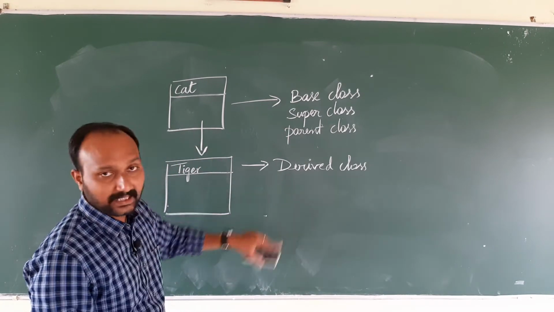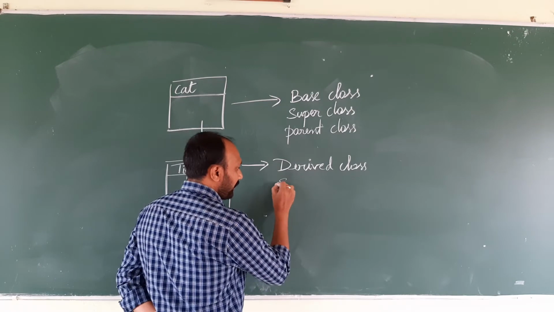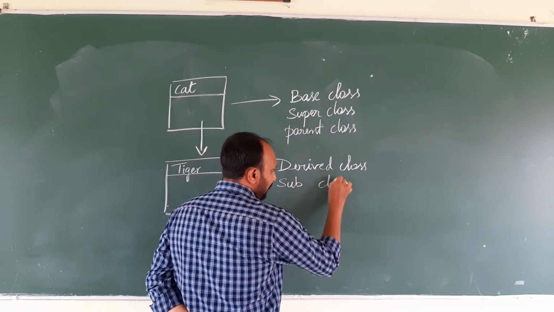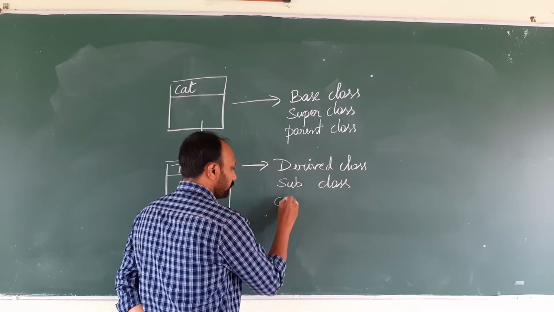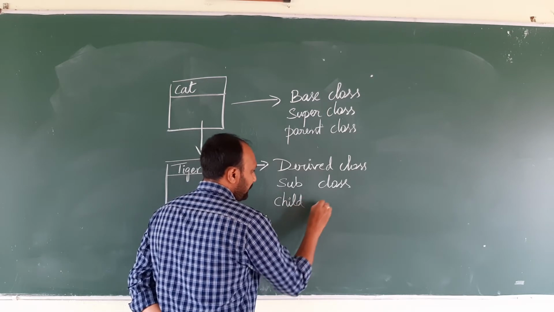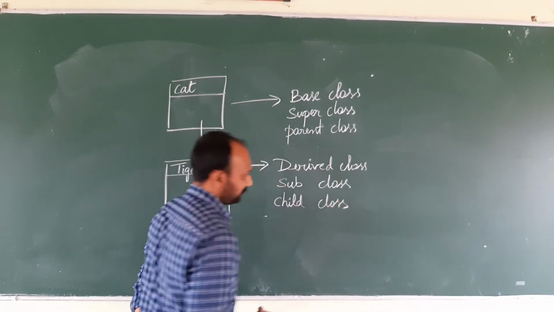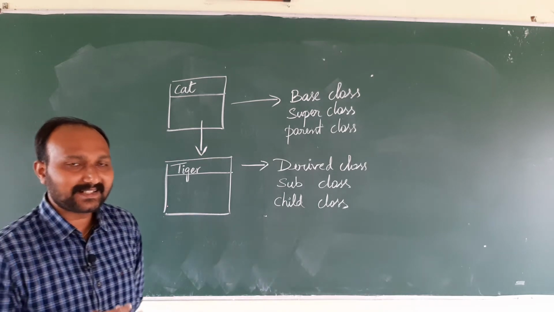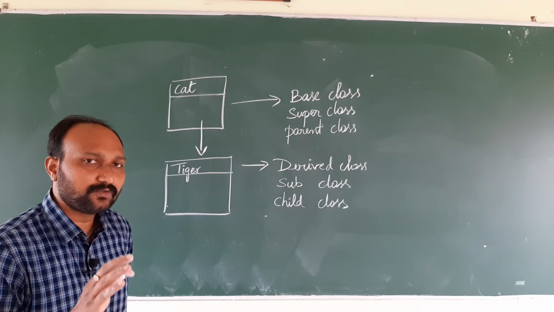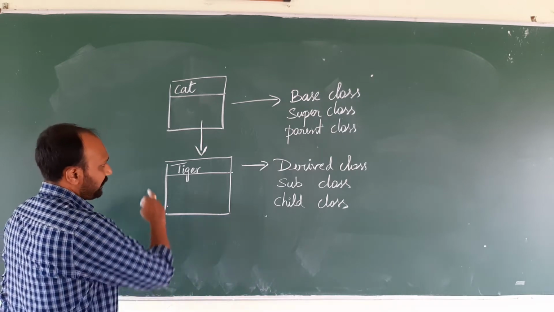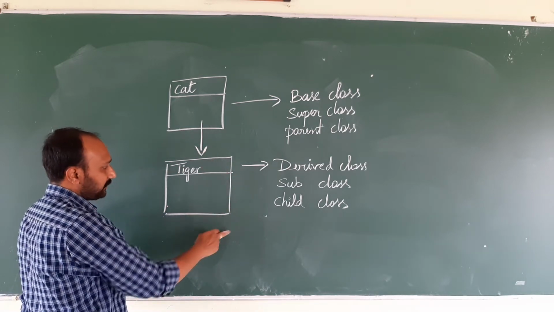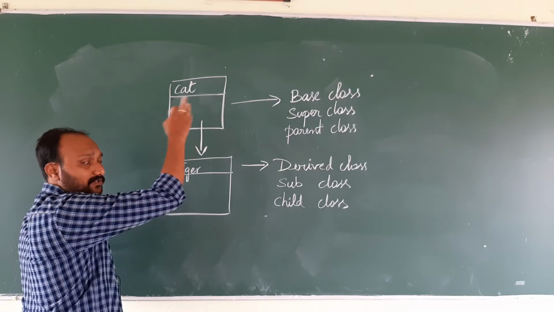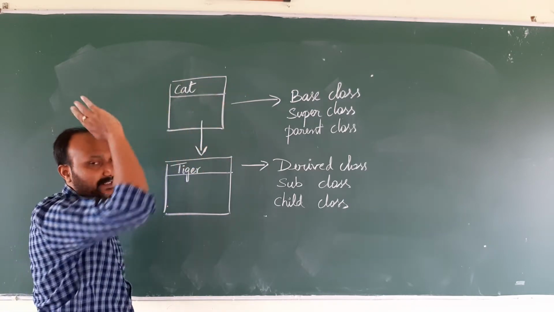This derived class is also referred to by the name subclass, or it is also called child class. Okay. So, now I hope you have come to an understanding of how to call a new class: the new class will be referred to by the name derived class. The earlier class which is already defined is referred to as base class.